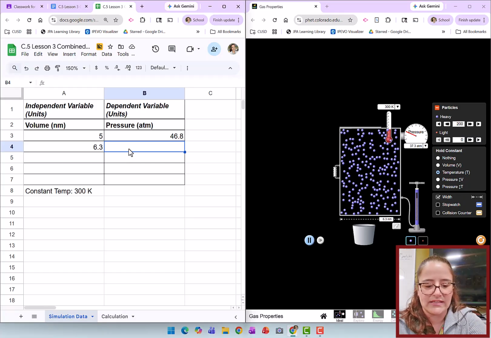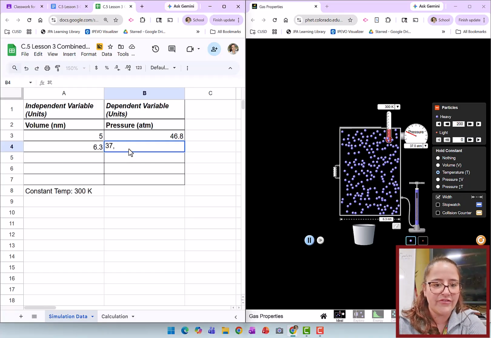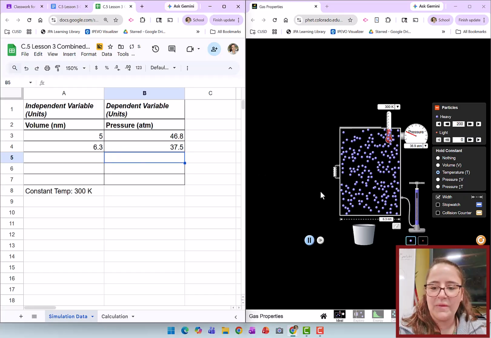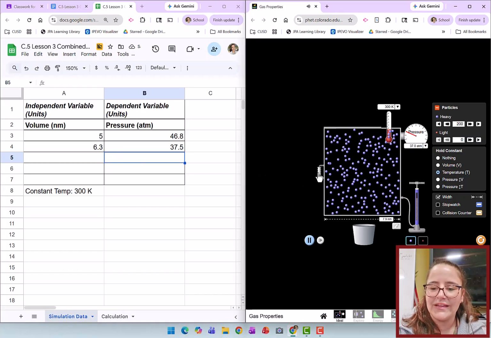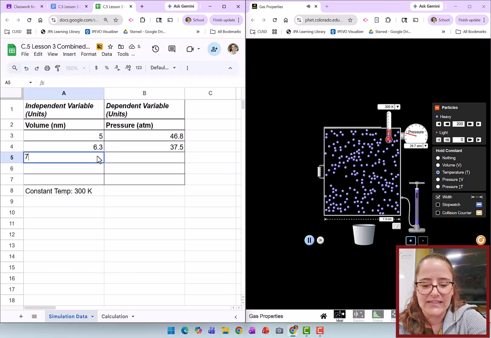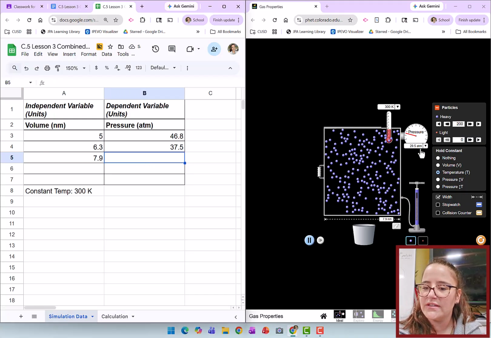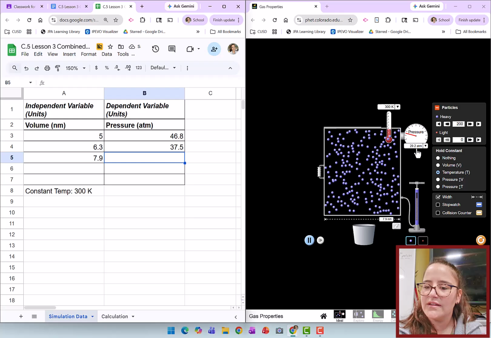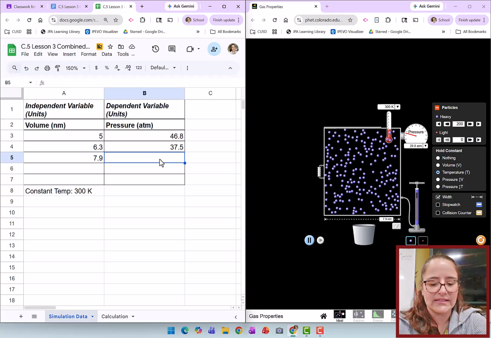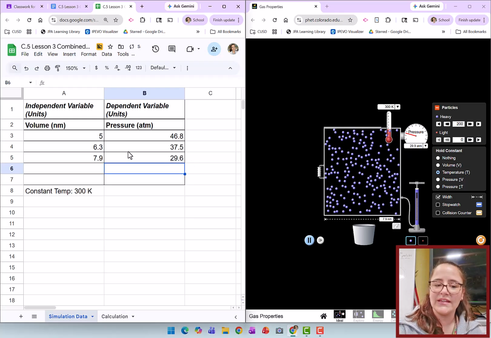I'm going to estimate around 37.5. Then I'll make my volume a little bigger. Now it's at 7.9, and my pressure is at about 29.6.